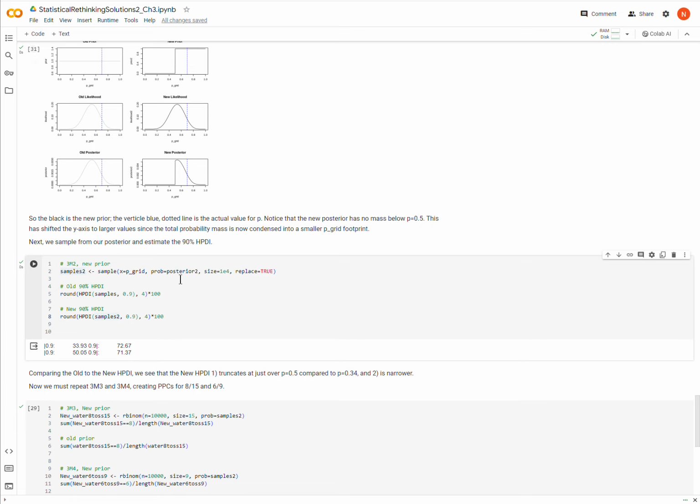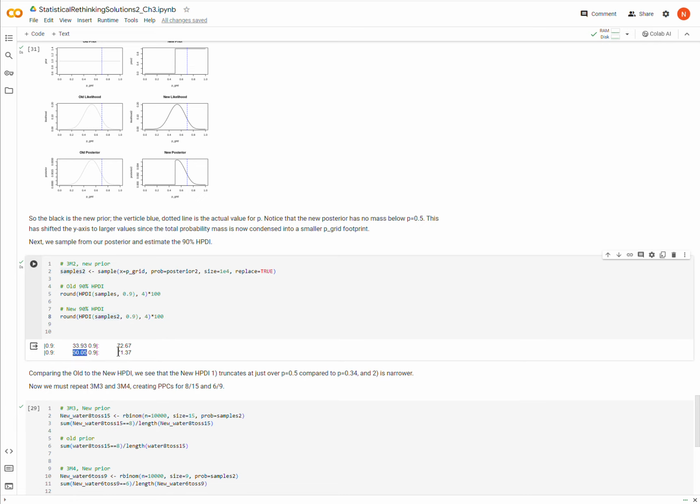So you'll notice a couple of things about these two HPDIs. One is what I just mentioned, that the new posterior distribution has no mass below 50%, and so the bottom bounds are very different. The other thing to notice is how much narrower the new interval is.